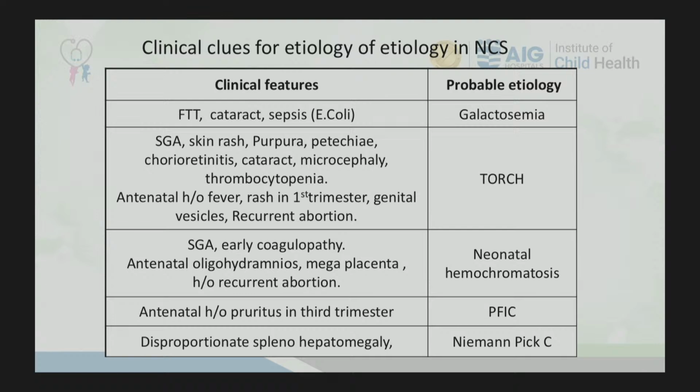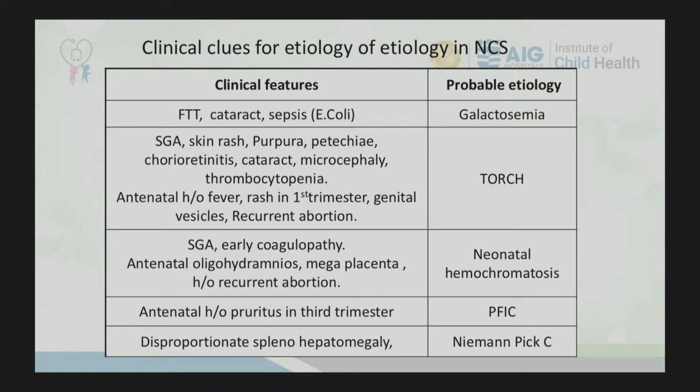A child who is small for gestation, with skin rash, purpura, PDA, cataract, microcephaly, thrombocytopenia, all these clinical features along with first trimester antenatal fever in the mother give clues about TORCH infection.